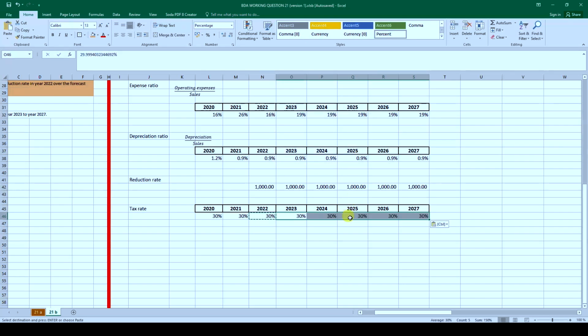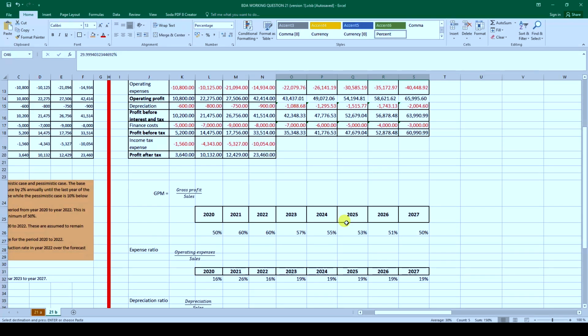30%. So how then do we get the tax rate? Like that. It was this value over that value there. So we don't have the income tax expense. We're saying we're going to charge 30% of this.